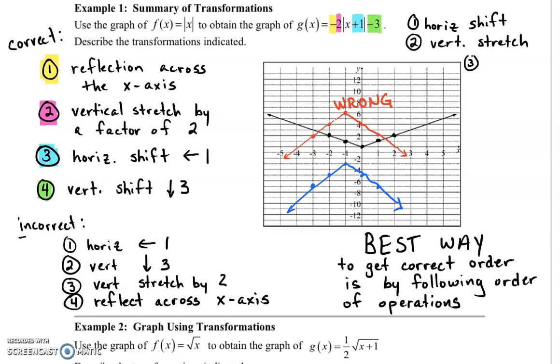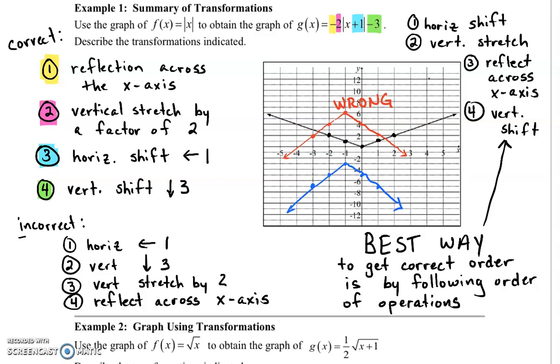The third thing I would do is the reflection, because that would be the third multiplication I do. And then the very last thing I would do is the vertical shift. And if you always follow the order of operations the way you evaluate it, you'll never go wrong.